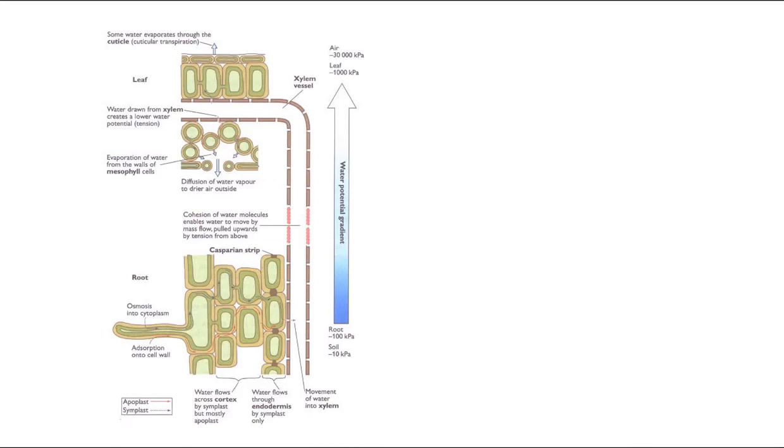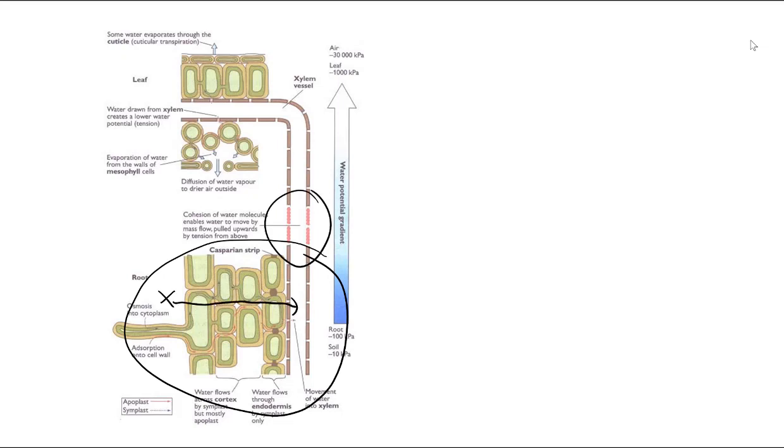Now, this little diagram just ties everything we've looked at together. So we've got the first area, which was moving water into the xylem from the soil. So movement of water there across the root and into the xylem. The second area was moving water up through the xylem because of the cohesion tension theory.